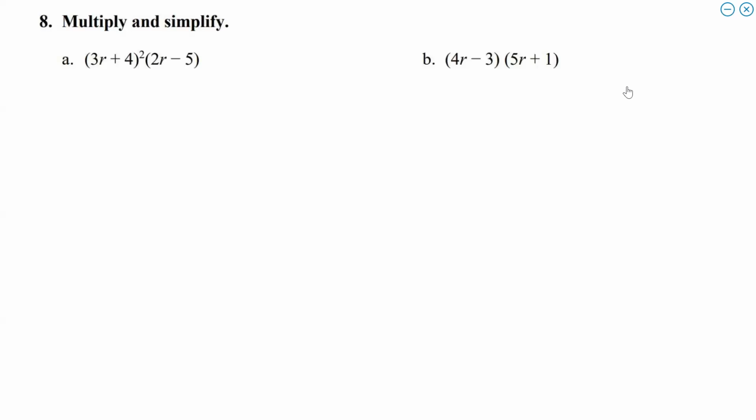What are the operations that you see? Not the things inside the parentheses. Multiplication and exponent. I see multiplication in between here. Which one do I do first? Multiplication or exponents? Exponents. Do exponents first.